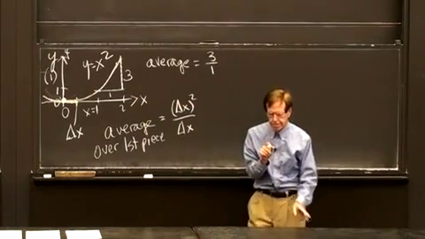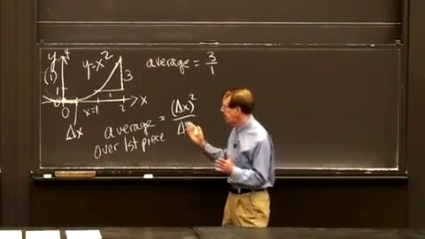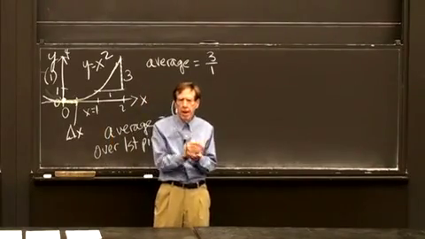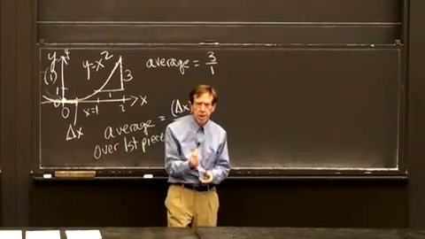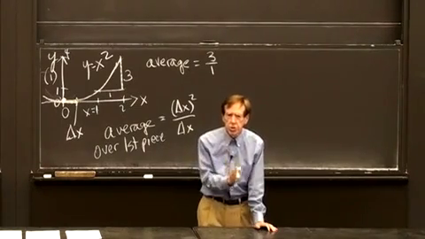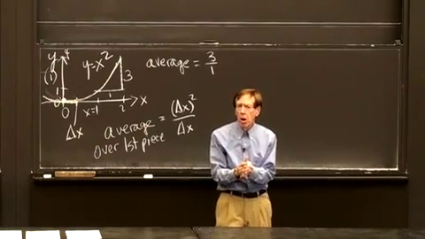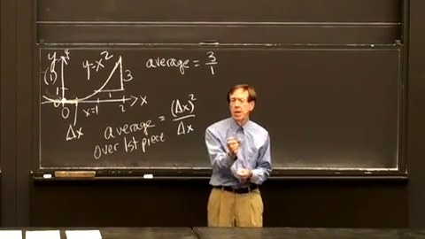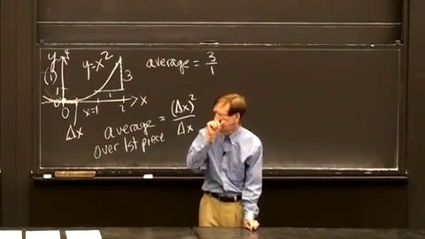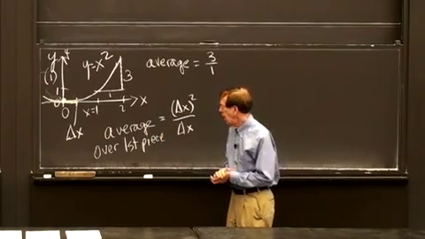Now, again, that's still only an average because delta x might have been short. I want to push it to 0. That's where calculus comes in. Taking the limit of shorter and shorter pieces in order to zoom in on that instant, that spot where we're looking at the slope and where we're expecting the answer 0 in this case.